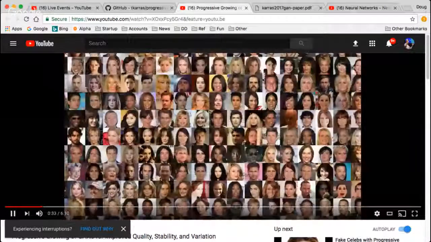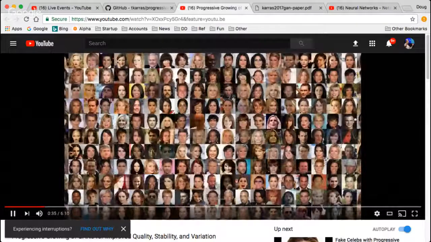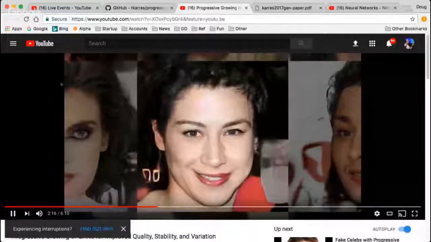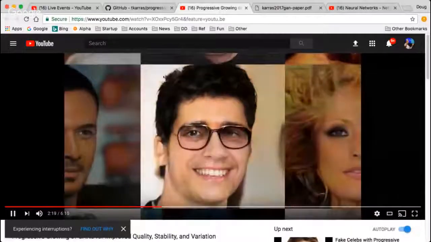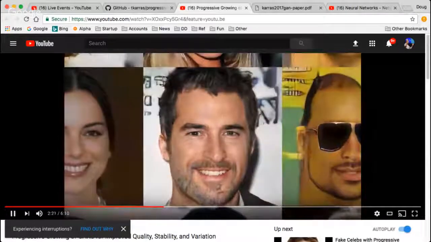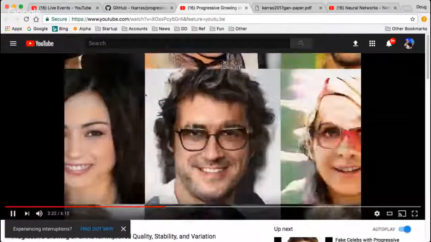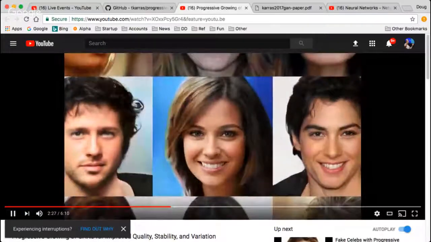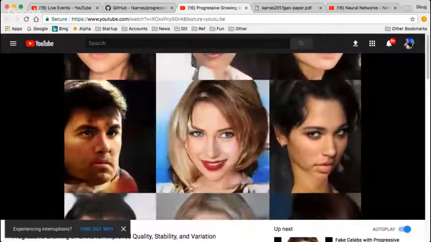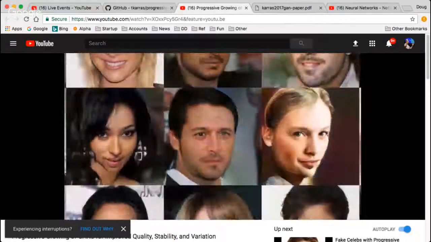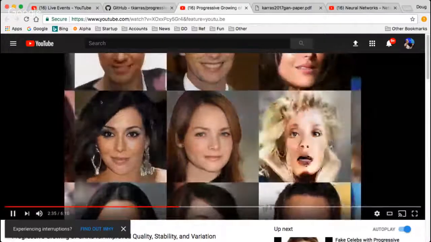Yeah, they were talking about gender and stuff. So the more morphing between the images that look like celebrities, and some of those images are kind of cool stuff in the paper that talks about what they did. This is conducive to this kind of morphing, but we're not going to talk about that today.